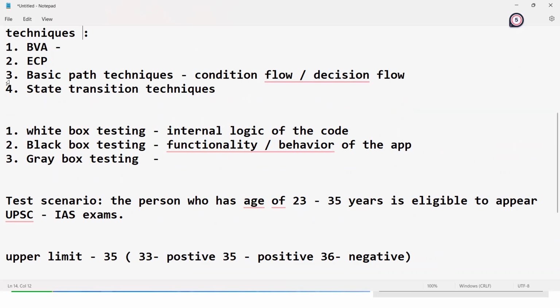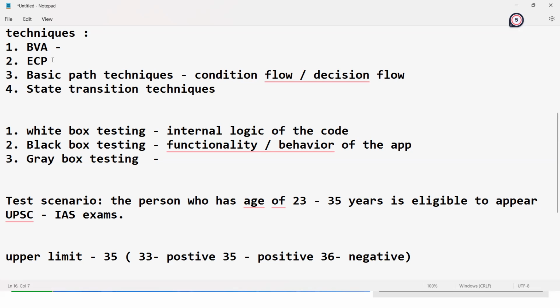You divide the set of test cases into two classes, one negative set and the other positive set. That means the tester should not be diverted only towards positive test scenarios. We should always consider both positive and negative. That is all about equivalence class partitioning.